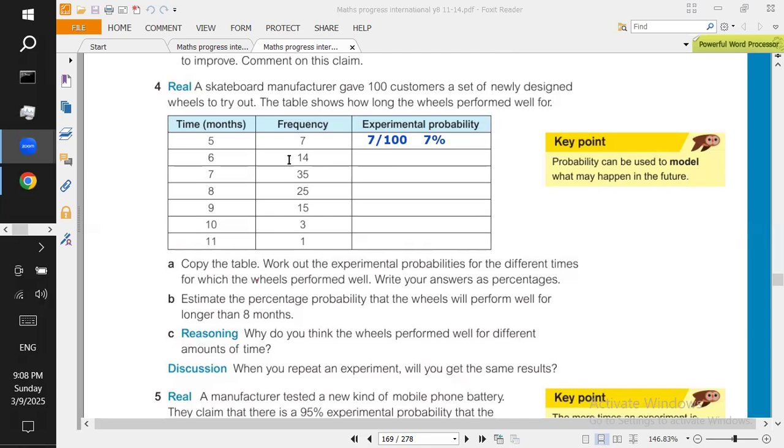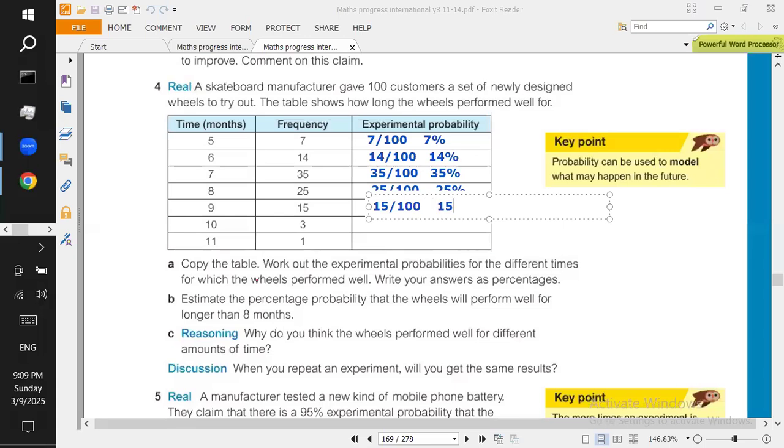Here we have 14. So it's going to be 14 over 100. And the percentage will be 14%. Here we have 35. So 35 over 100. And the percentage, 35%. And then we have 25. So 25 over 100. And the percentage, 25%. And then we have 15. So 15 over 100.